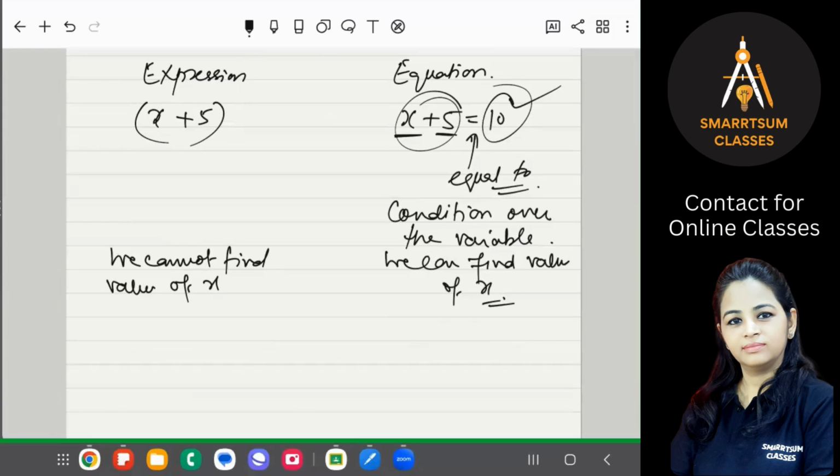Now, you can write any expression into equation form and any equation into expression form.